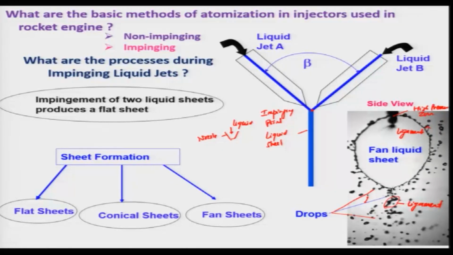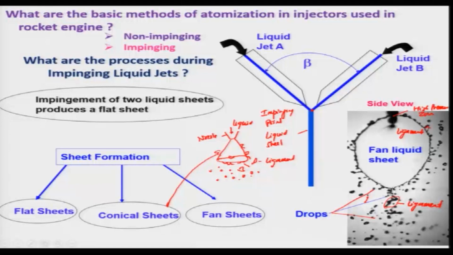Then a liquid cone can come out, provided it is forced together, or maybe tangentially, or with swirl imparted. So, this is basically a conical sheet which will be formed, and then ligaments will be rippled out, and then it will be shredded out. These are shredding which will be occurring, and then ligaments can be formed, and then droplets can be formed over here.